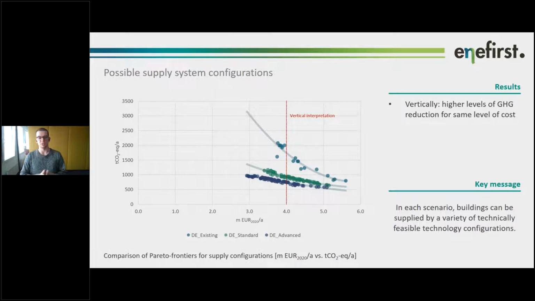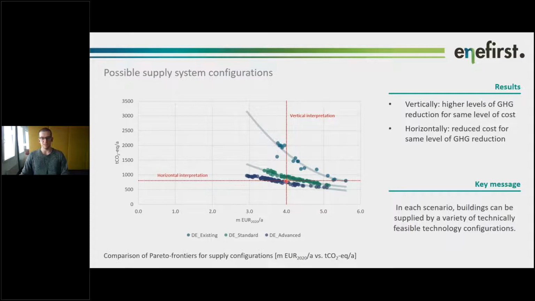This is something we will be looking at very end, but it already shows very nicely that when we add the horizontal view, basically for the same level of greenhouse gases per year, the cost of energy supply is lower.